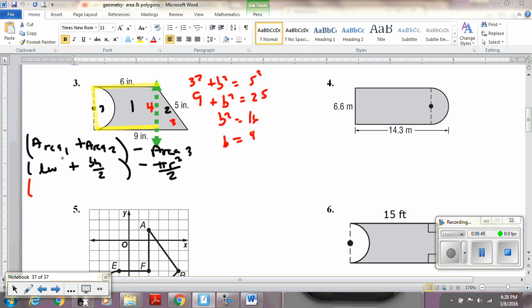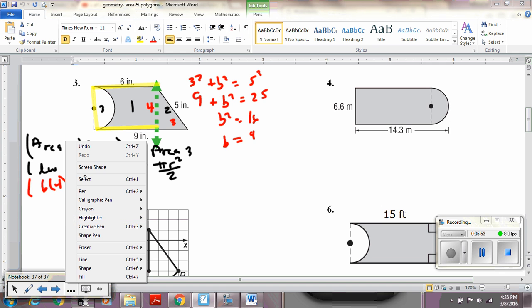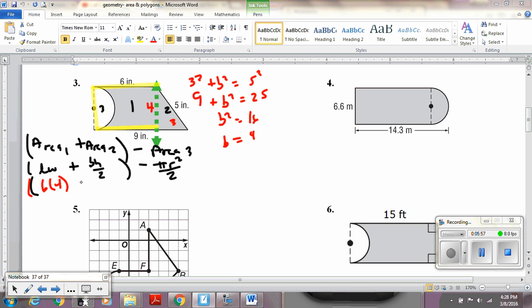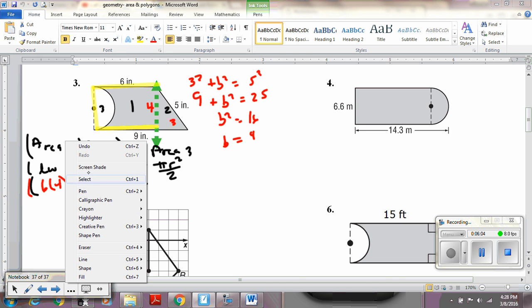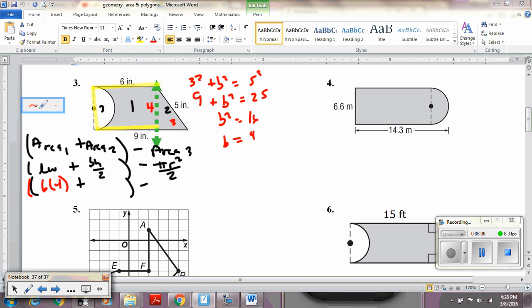So now for my rectangle, it's going to be 6 times 4. For the triangle, it's going to be 3 times 4 divided by 2.